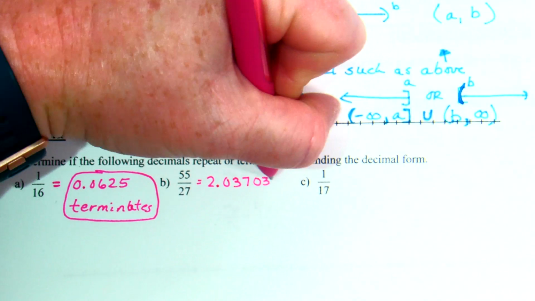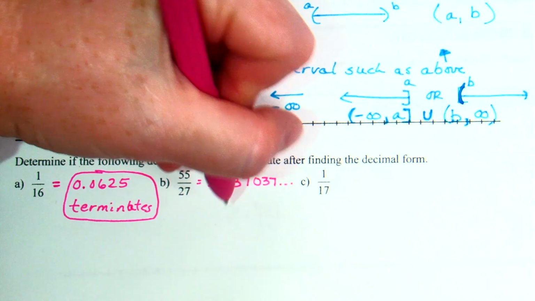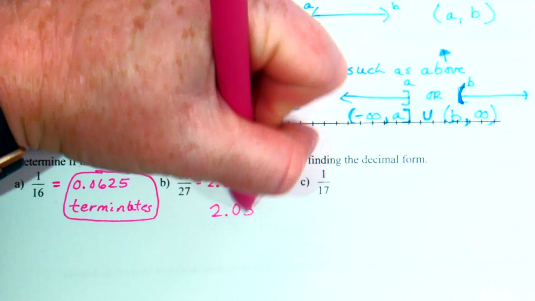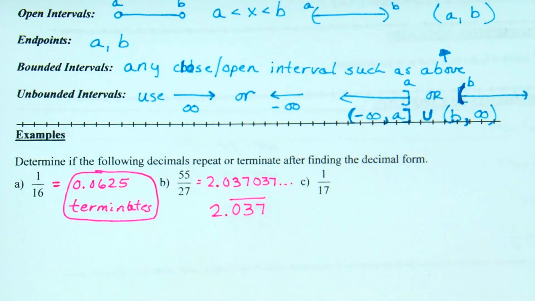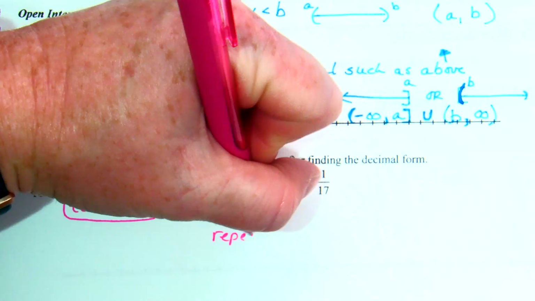It appears it repeats, doesn't it? So do you know how to express that officially? Write out all your repeating decimals and then put a bar specifically over the digits that are repeating. In this case, it's all 037. And so that is an example of a decimal that repeats.